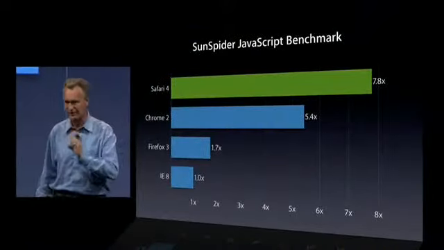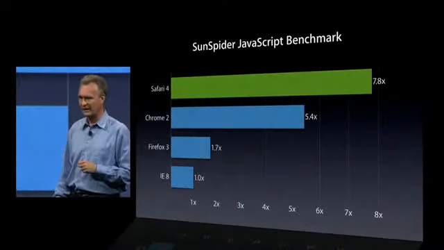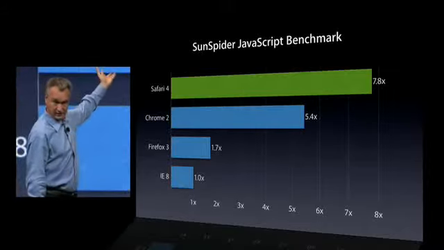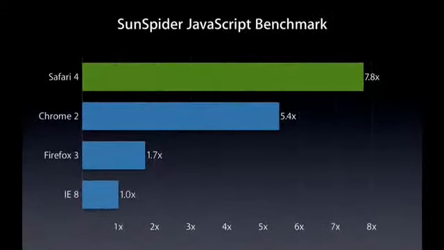Safari 4 offers unsurpassed speed, speed for HTML and speed for JavaScript for your Web 2.0 web pages. This chart here shows the standard SunSpider JavaScript benchmark, and the scale is multiples of IE8 speed.